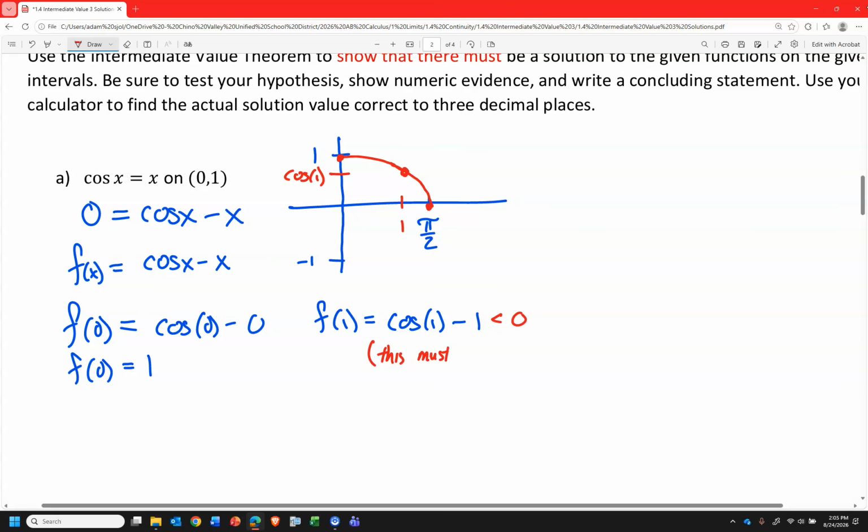So that's another weirdness that hopefully you'll get used to. This must be negative, even though we don't know a decimal for cosine of 1.